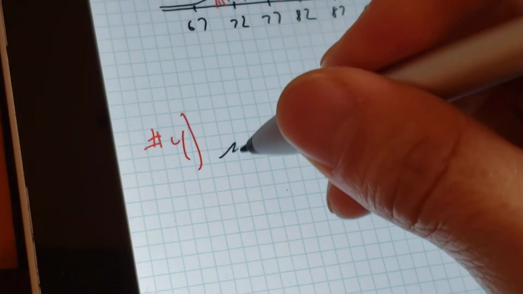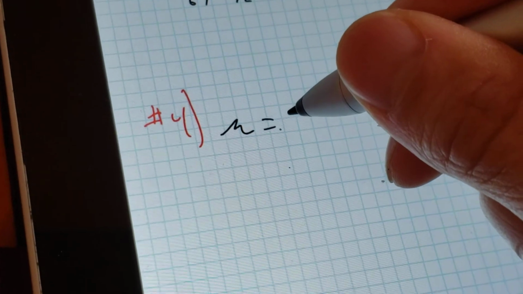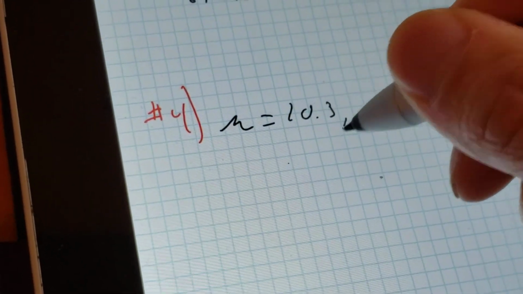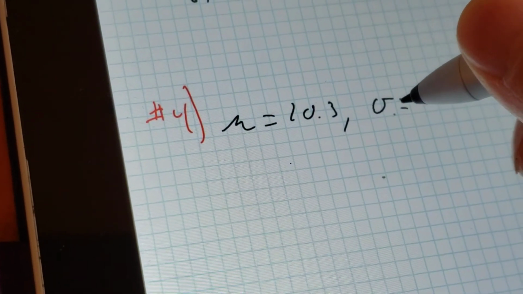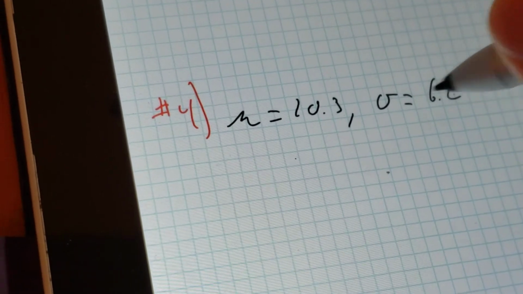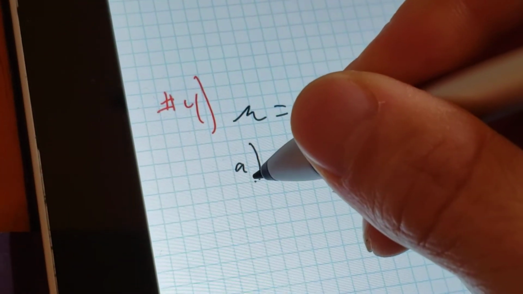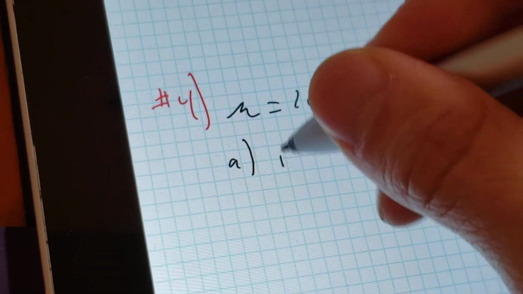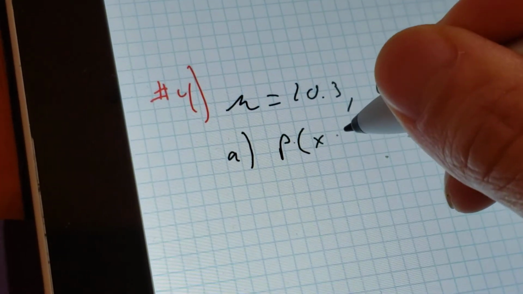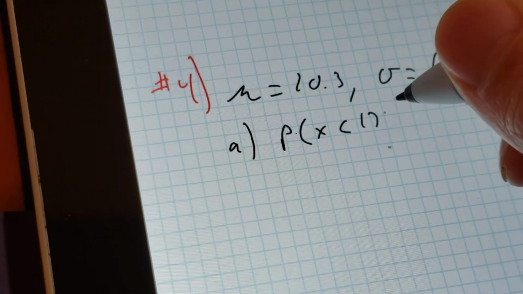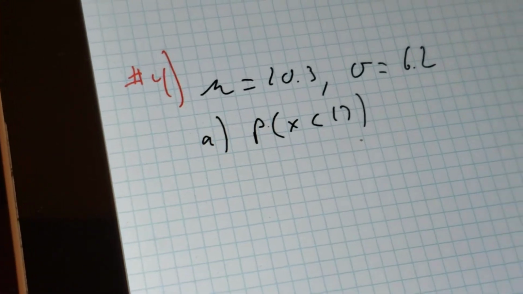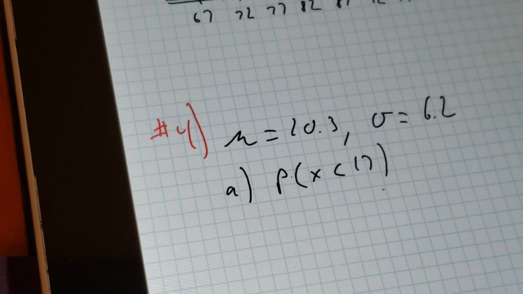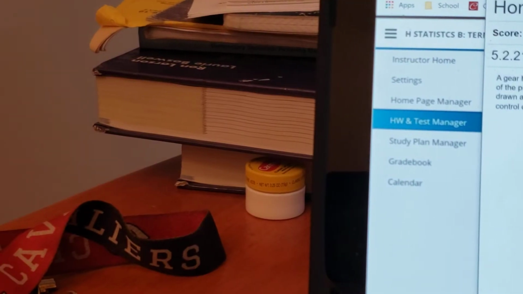I've got a mean of 20.3. I got a standard deviation of 6.2. Part A, less than 17, that's probability X is less than 17. And it's just the same as we did before. I'm sure the rest of these are just like that.